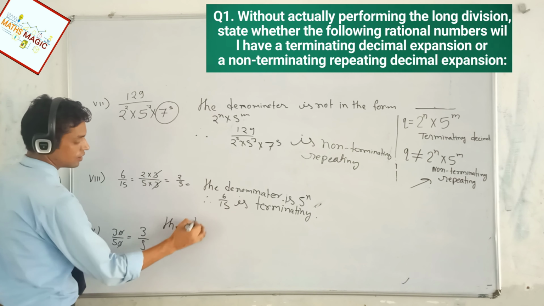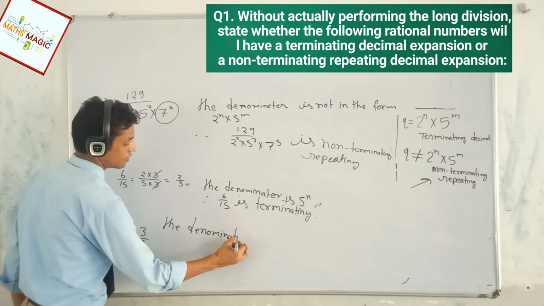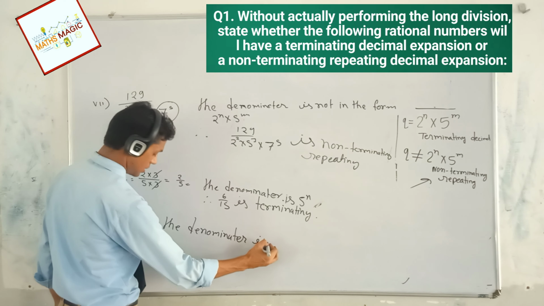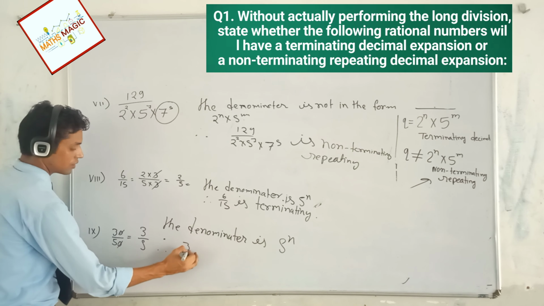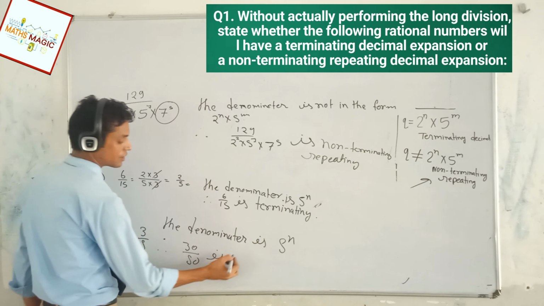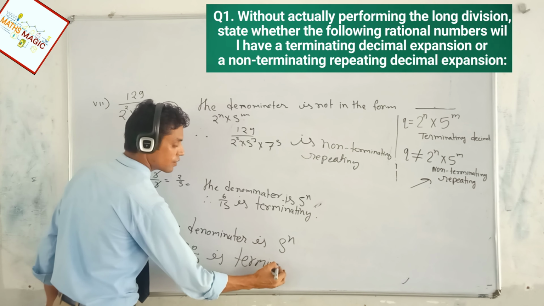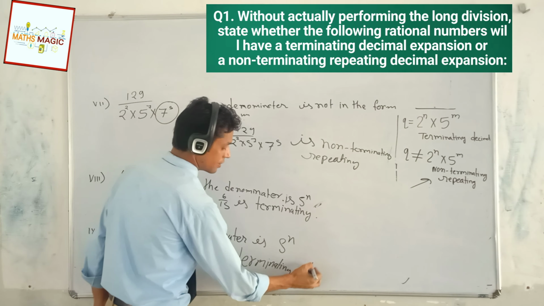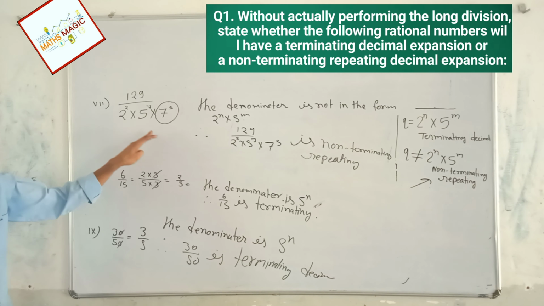The denominator is 5, and therefore 30 by 50 is a terminating decimal. I hope you understand. It is just easy.